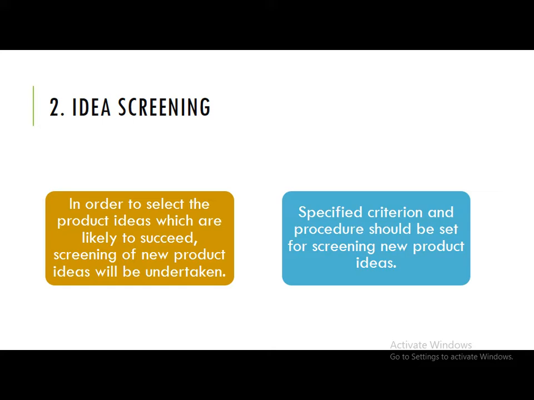Major considerations in the screening of new product ideas include expected profit potential, then the competitive situation, then general adaptability of the company to the new product, and the volume of investment that would be necessary for the implementation of the new product idea. Marketing considerations include the size of the market, marketing methods, etc.